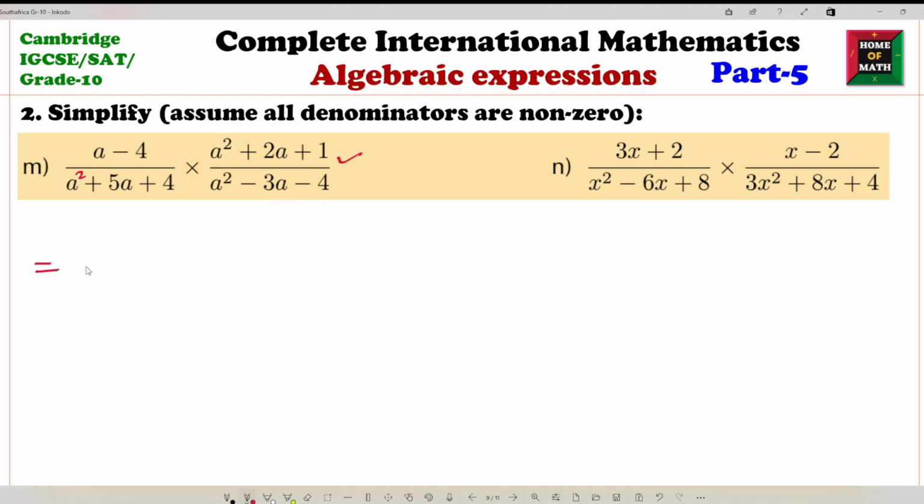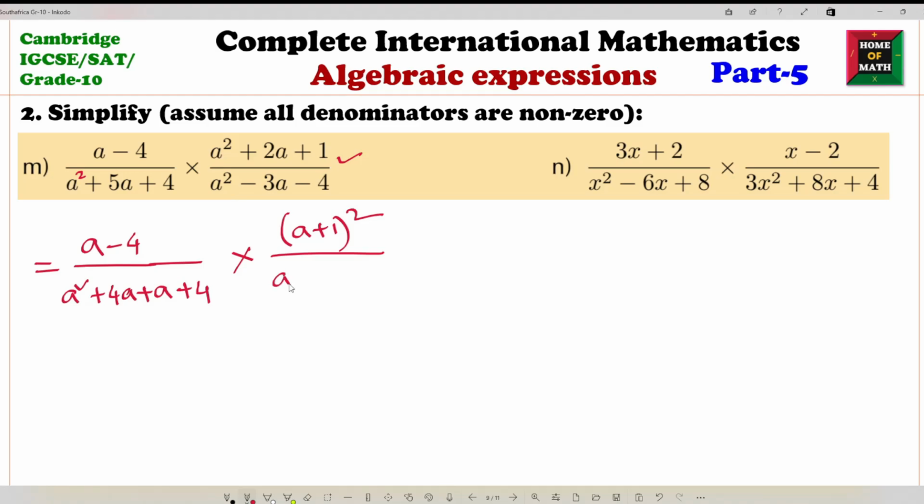First, A minus 4 stays. A square plus 5A plus 4 we can write as A square plus 4A plus A plus 4, because 4A plus A means 5A. A square plus 2A plus 1 we can write as A plus 1 whole square.